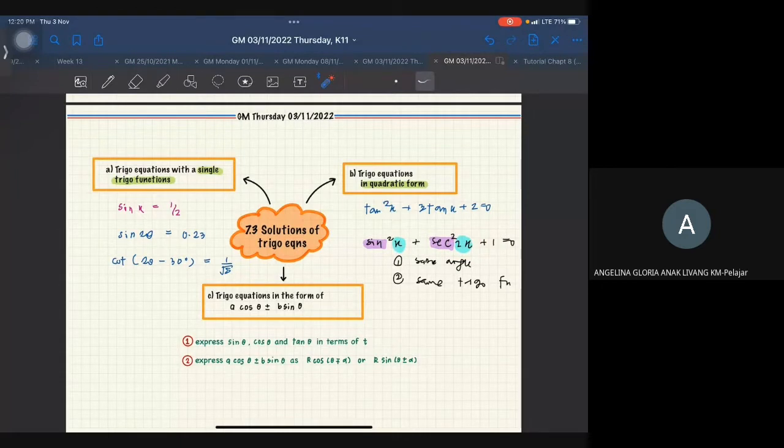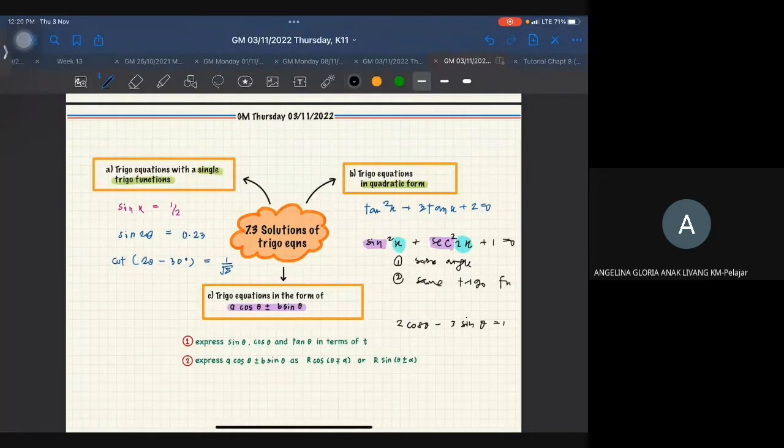Alright, so last case is when you have trigo equations in the form of A cos theta plus B sin theta. Plus minus lah, this one. Okay, so contoh soalan dalam bentuk maybe saya bagi 2 cos theta plus, minus 3 sin theta equals to 1.